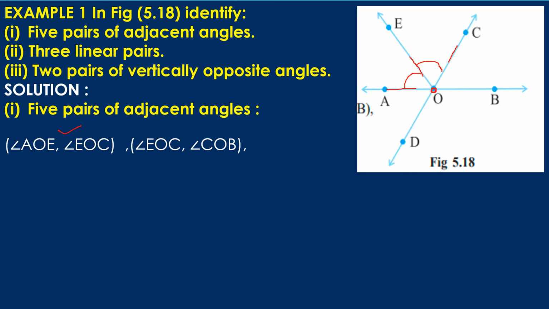And the second one, angle EOC and angle COB. These two are said to be adjacent. Again, we have a common vertex, one common side and two non-common arms. Therefore, this pair of angles are adjacent angles.